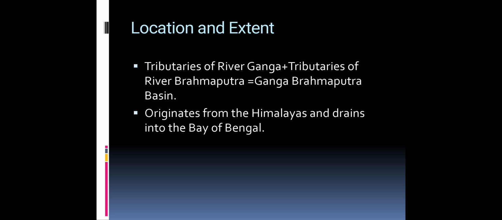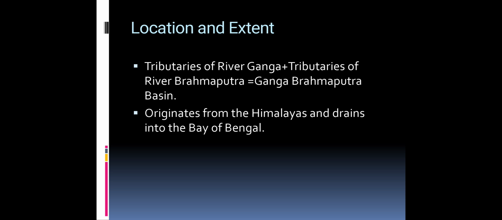Now, where does it stretch to? The Ganga Brahmaputra plain stretches in the east-west direction between the Himalayas in the north and the peninsular plateaus in the south. This I am telling you about the location and extent of the Ganga Brahmaputra basin. It occupies a large part of subtropical India, this we have already studied, and nearly the whole of Bangladesh.